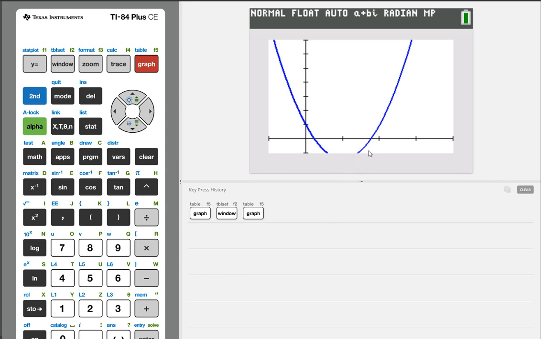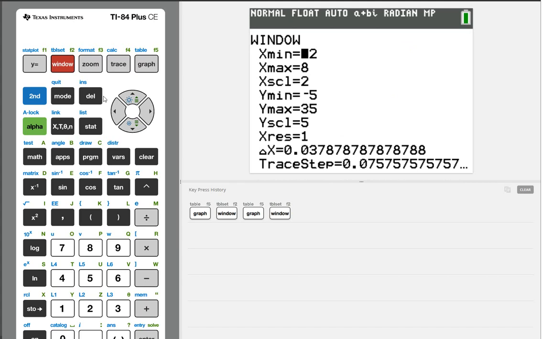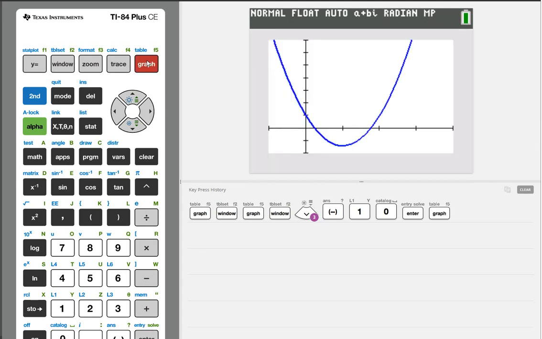Negatives, Y's. Yeah, it'd be nice to see it a little bit lower on the y-axis. So let's go down to say maybe negative 10. Cool.